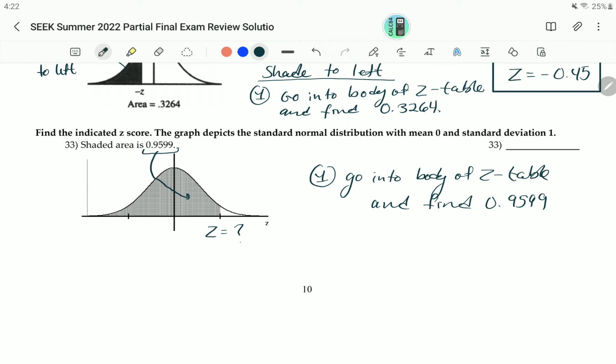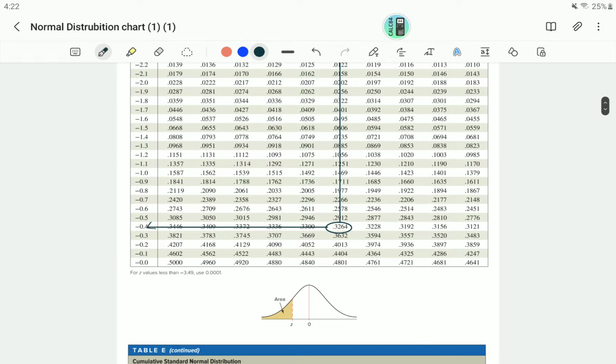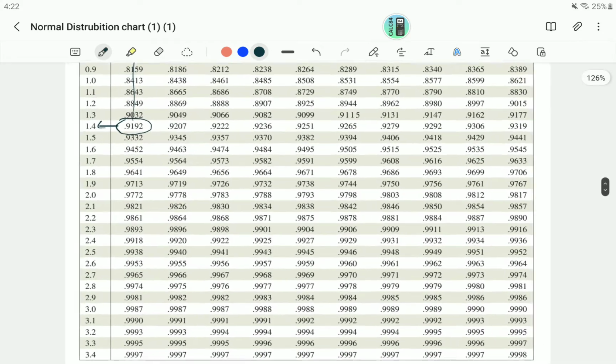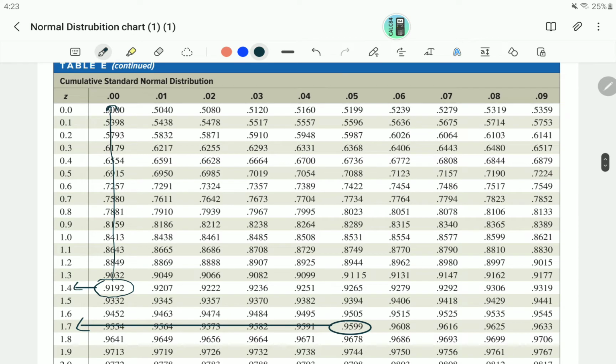Because the shading starts here on the right and goes to the left, the z-score should be positive. So go on the other side. 0.9599. Here it is right here. And that appears to be 1.75.